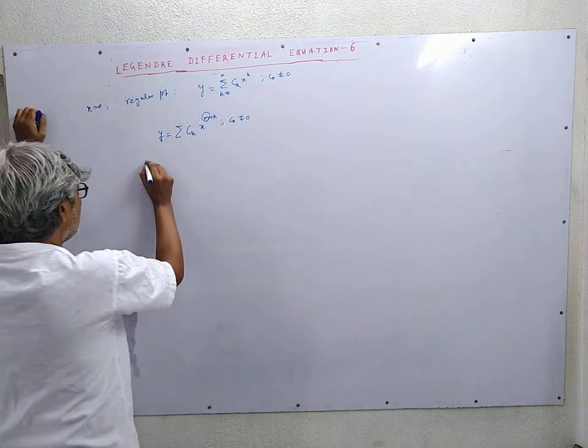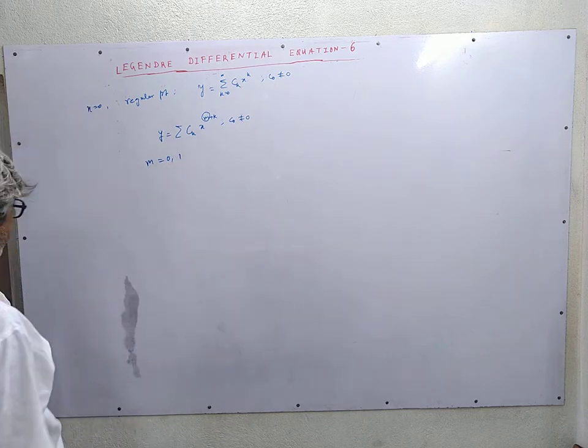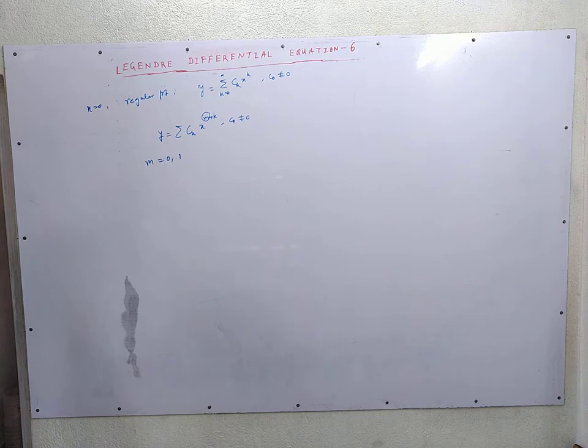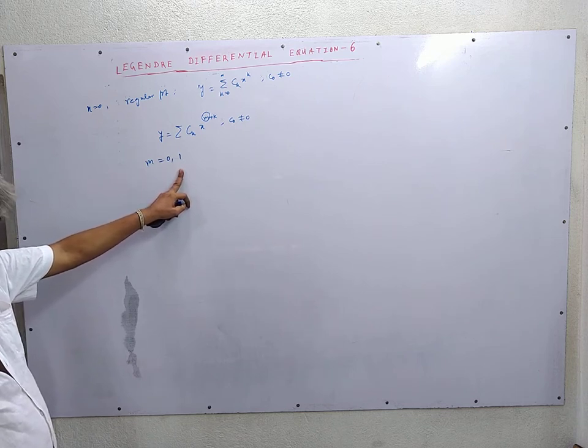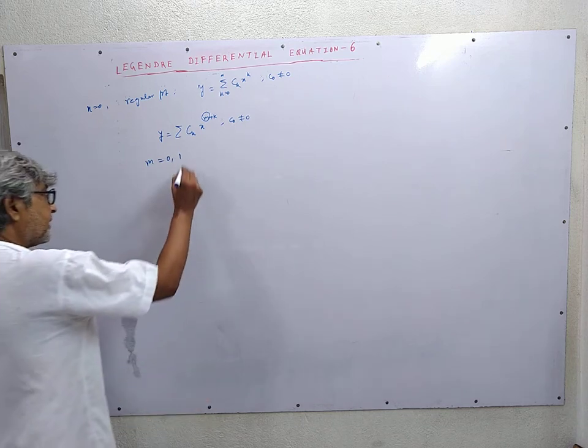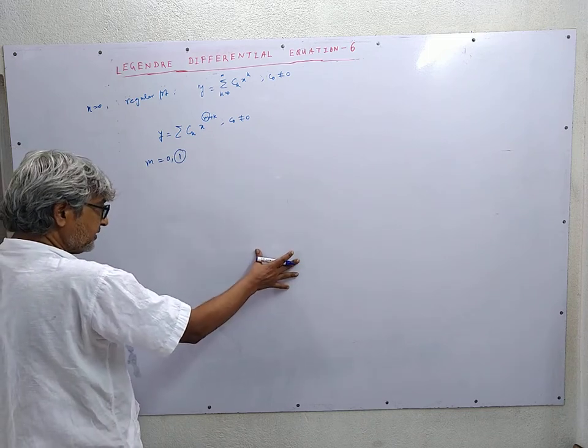The indicial equation gives the roots 0 and 1. We know that when the roots of the indicial equation differ by an integer, the higher root will definitely provide a solution. We find that this higher root provides the solution that we have obtained earlier.